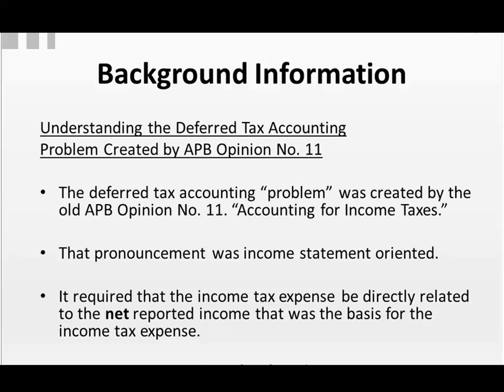It required that the income tax expense, or the provision for income tax, had to be directly related to the reported net income. In other words, you figure out your reported net income on the GAAP financial statements, and then if you had a 50% tax rate, 50% of that reported net income was the income tax expense. Okay? And that was an income statement approach to it.